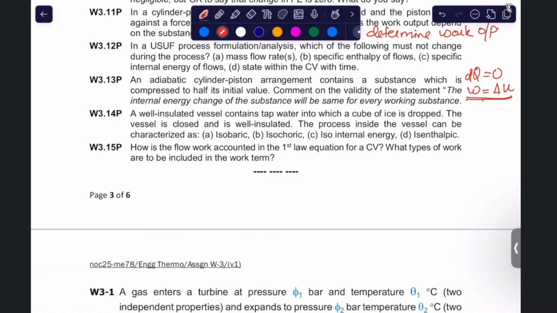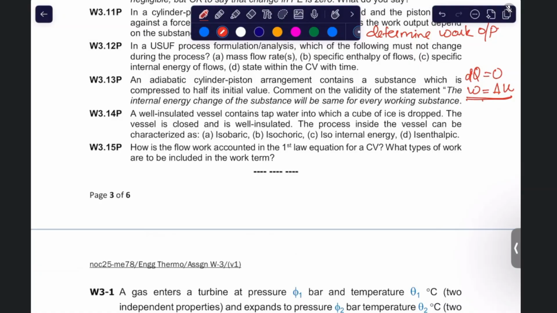For example, if there is a low density substance, you have to put in a lot of work for compressing the same amount of volume. So for a given work magnitude of compression, the low density substance will not have that much internal energy change, because the compression won't be that evident in a lower density substance.